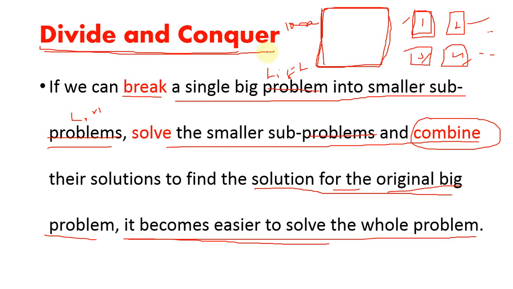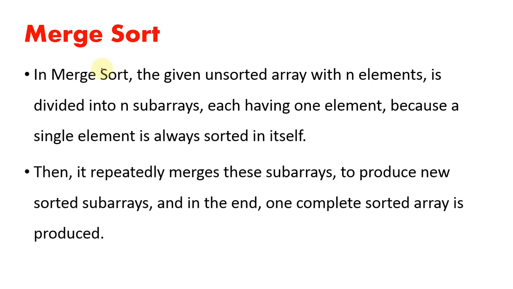A big or complex problem is subdivided into smaller problems. Merge sort generally works on this method. In merge sort, the given unsorted array with n elements is divided into n subarrays, not once, not at a time.